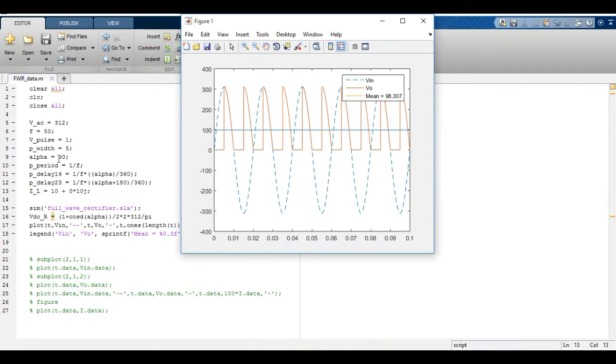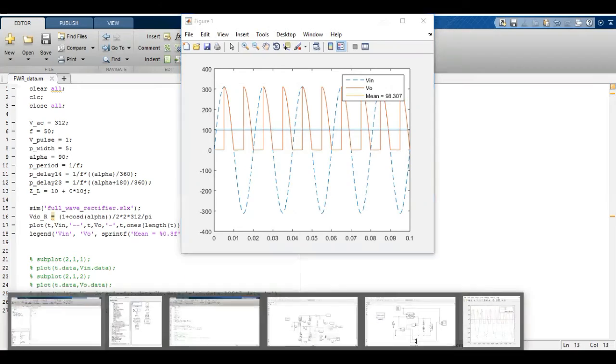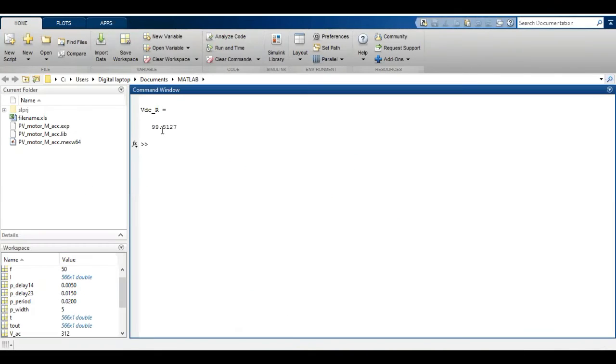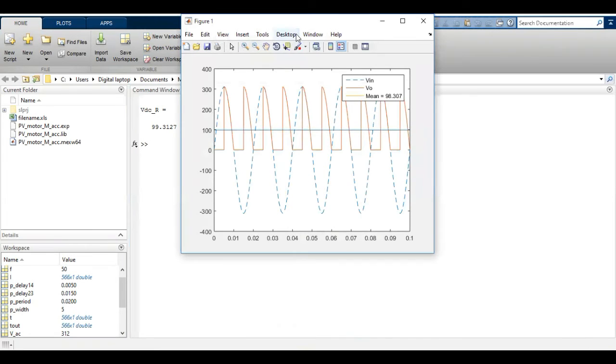So the firing angle is assumed as 90 degrees, so I can see that after a duration of 90 degrees I am getting the output, and before this firing angle my output is equal to 0. And from that expression, the mean value of the output for the case of resistive load is 99.3127, and almost similar value is obtained by taking the average value of this output waveform.